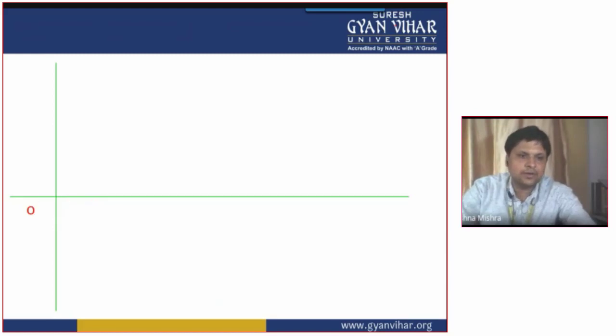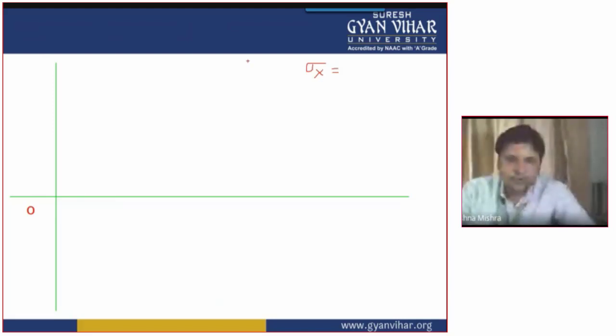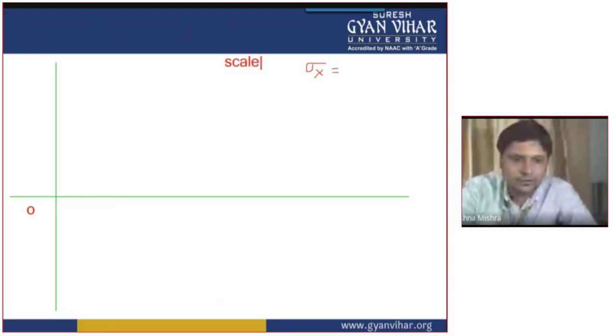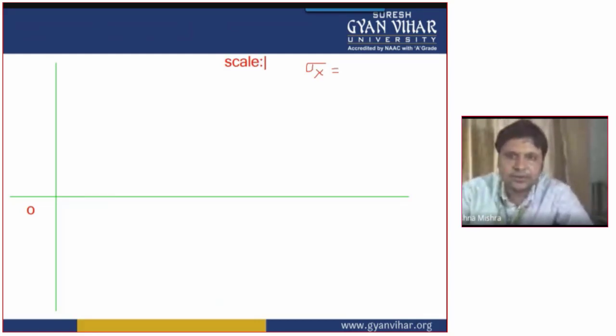Now whatever is the value of sigma x, we will convert it with the help of a scale. As I have told you, scale means how much 1 centimeter of your page represents.